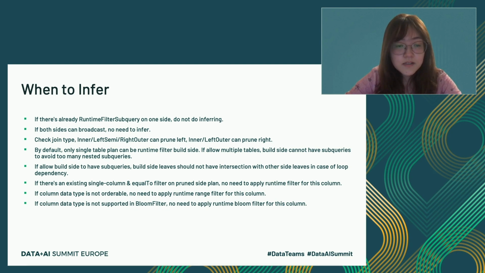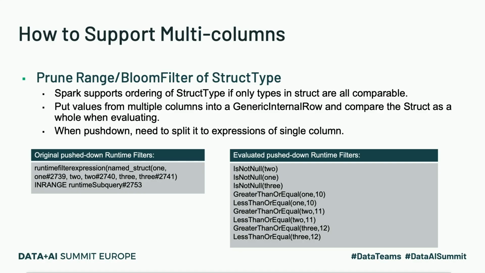If there's an existing single column equal-to filter on the pruned side plan, no need to apply runtime filter for this column. If the column data type is not orderable, no need to apply runtime range filter for this column. If the column data type is not supported in Bloom filter, no need to apply runtime Bloom filter for this column.